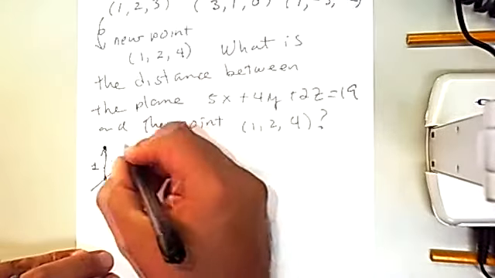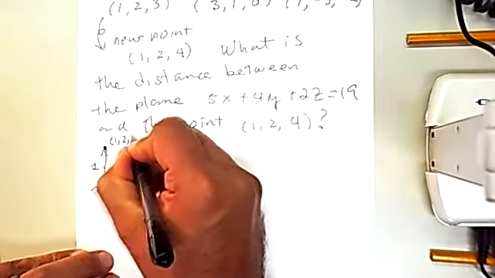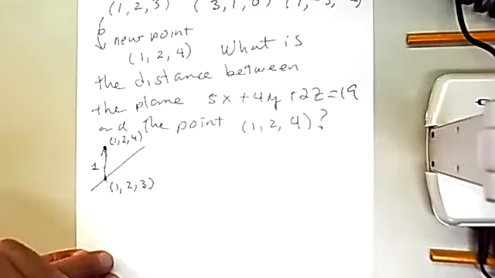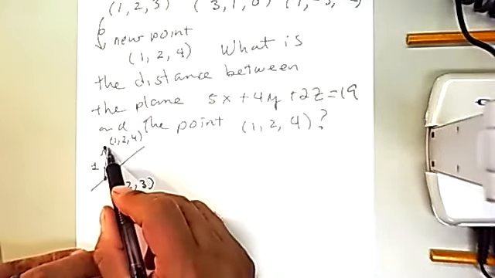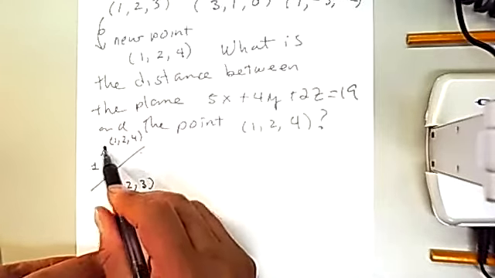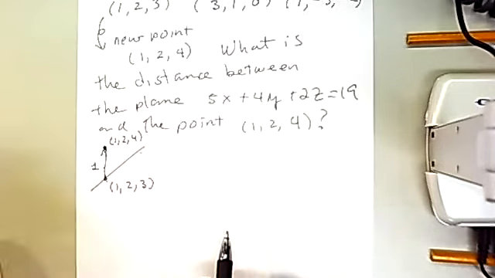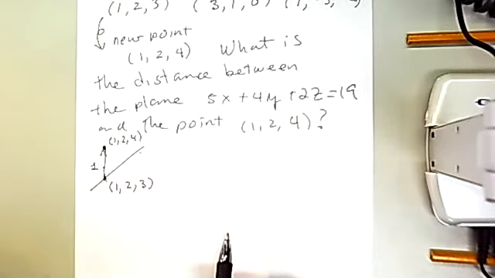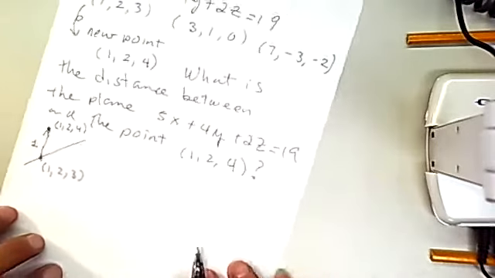Now we moved it up to 1, 2, 4. The question is, what is the distance of this point to the plane? Well, it would be naive to think that it is 1. It is not a 1 because the distance is always taken perpendicular to the plane.